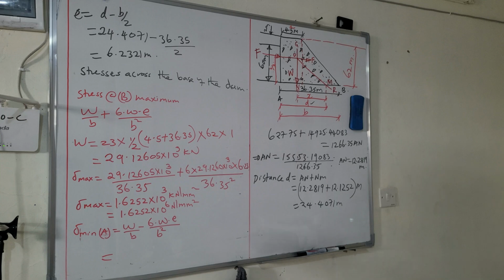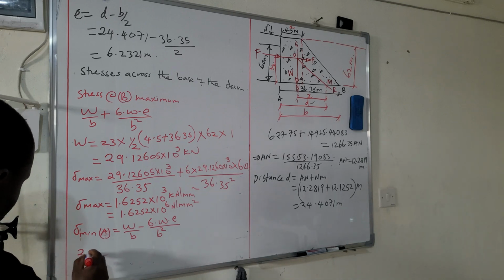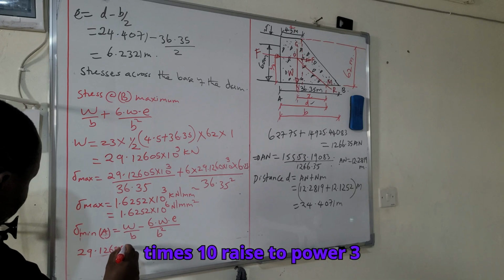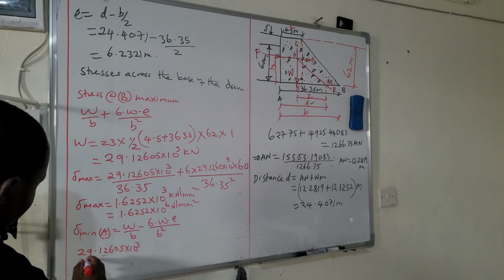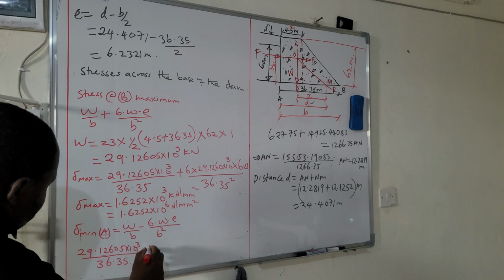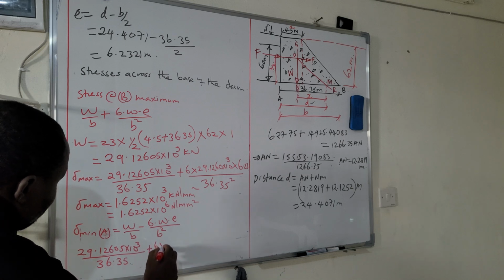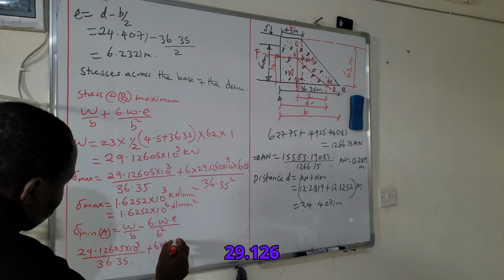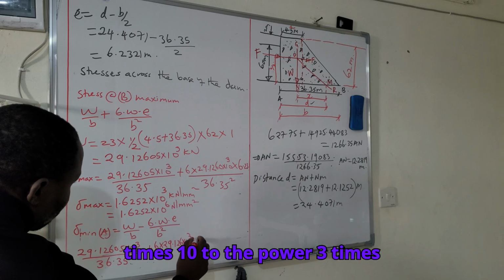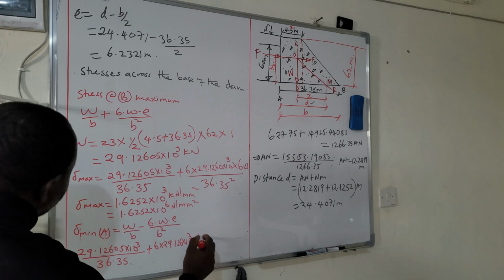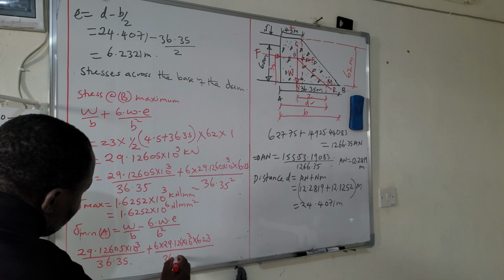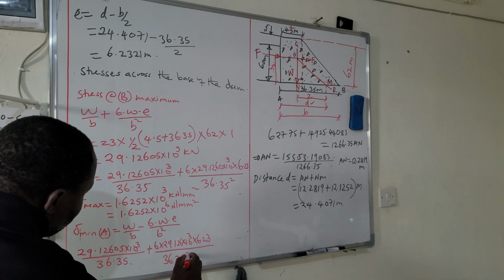So this one will be 29.12605 times 10 raised power 3 over 36.35 minus 6 times 29.126 times 10 raised power 3 times 6.23 over 36.35 square.